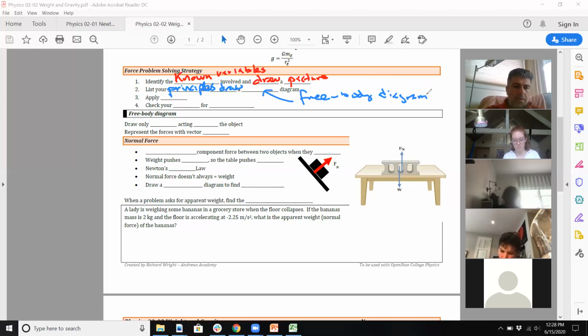You apply the formula F equals ma, and check your answer for a reasonable solution. I want to make sure it kind of makes sense.